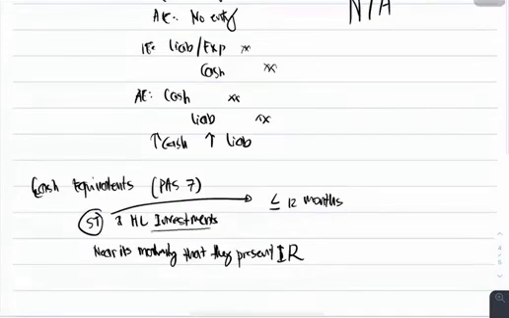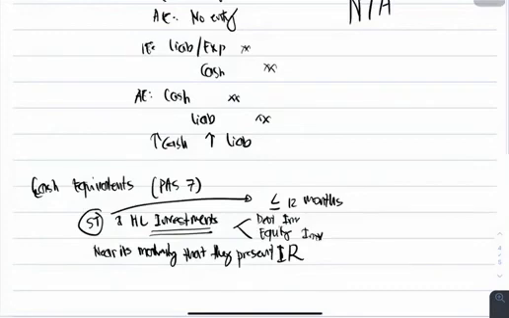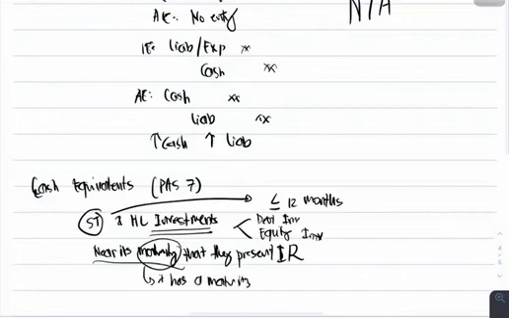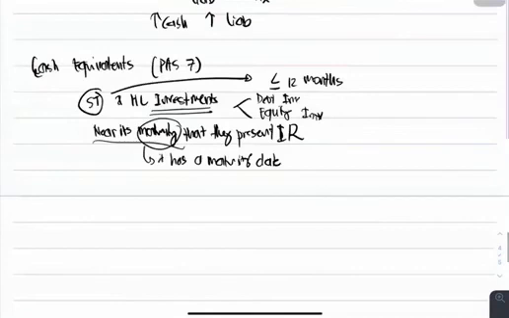Next, it is an investment. So when we say investment, we have 2 types that can either be a debt investment or an equity investment. Next, so near its maturity, it means it has a maturity date. Sir, what is the difference of less than 12 months to a maturity date?